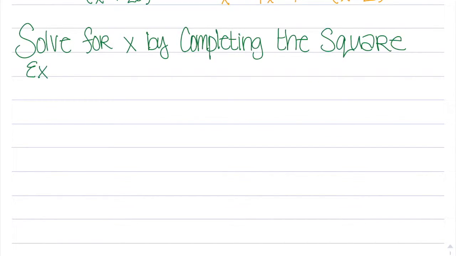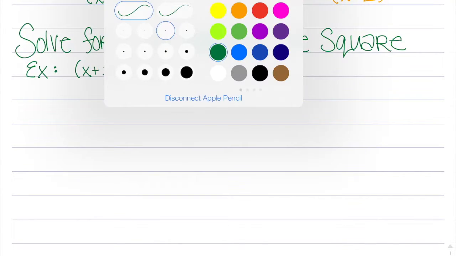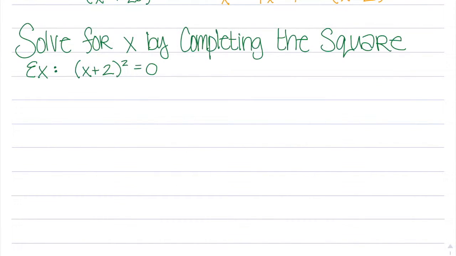So for an example, let's just take what we got for a factor of the last equation, so x plus 2 squared, and set it equal to 0 and try to solve this. So in order to get rid of the squared, we have to take the square root of both sides, which gives us x plus 2 equals 0. So if we subtract 2 to the other side, x equals negative 2.